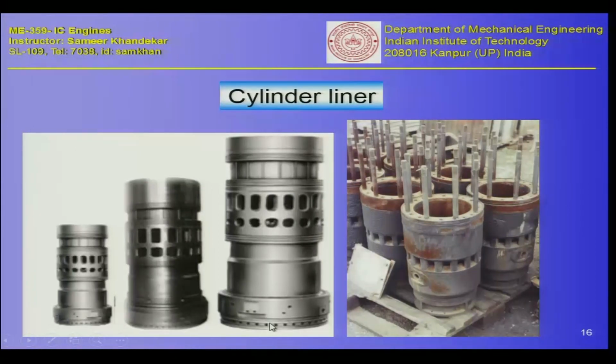You can see slots for O-rings, so that the cooling can be done in this area, and these are different sizes of cylinder liners which are kept for large marine engines or large generator sets which operate on 2-stroke cycles. For example, they have these ports for air entry inside the engine.